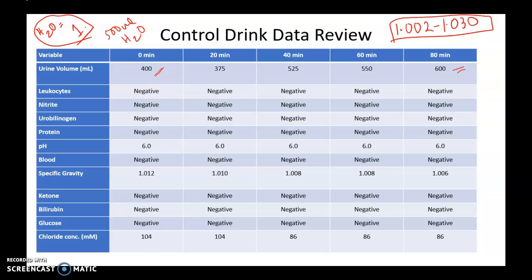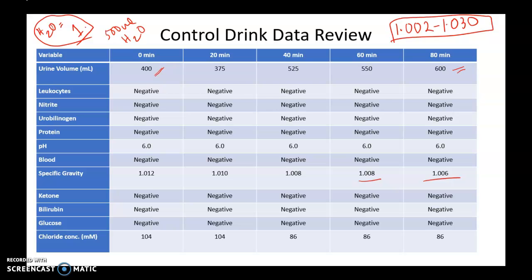However, a specific gravity of 1.23 indicates you have a lot of solutes and you are probably a little dehydrated at that point. So when you drink just water, obviously your specific gravity decreased, do you see? Because you are more hydrated at this point. You should always be negative for ketone, bilirubin and glucose if you are healthy.